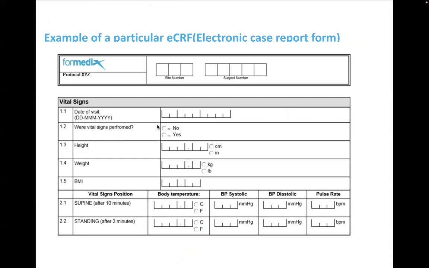It's simple. It's just the data of when the patient came, or for which visit the patient had come. And if they have conducted the vital signs, because vital signs are very important in each clinical trial. Why are vital signs collected?